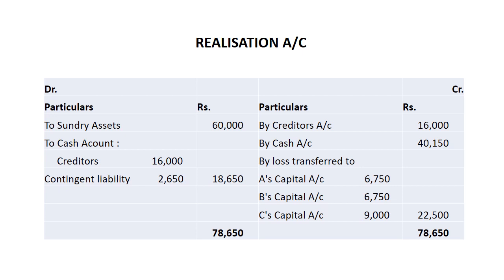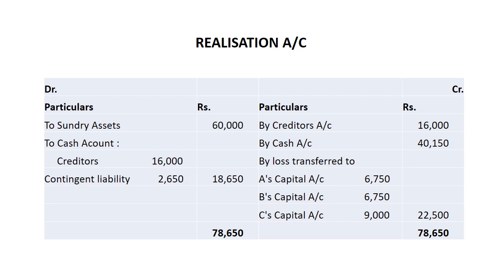So it is mandatory to pay all liabilities. Contingent liability has been paid, 2,650. Now see, by cash account, it is the amount that was realized from assets. Assets were sold and 40,150 were the rupees that were received.